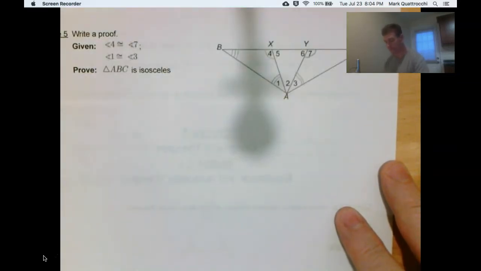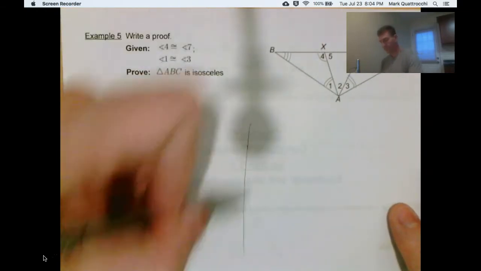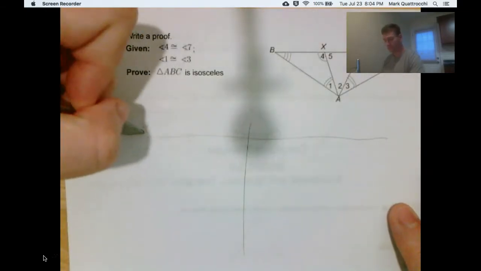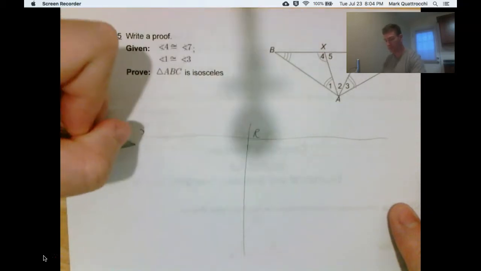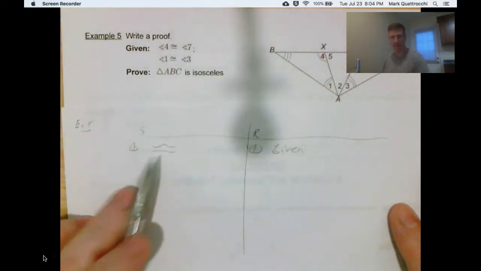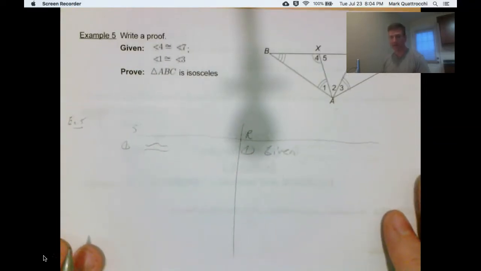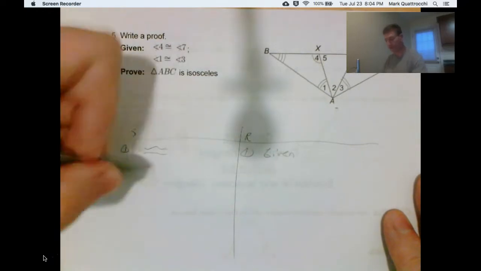So let me start writing this up. Example 5. Statements, reasons. 1. Rewriting the given information. Again, I can write squigglies, you can't. When you get a college degree, then you can start writing squigglies. Until then, you have to rewrite all the given information. Statement 2.